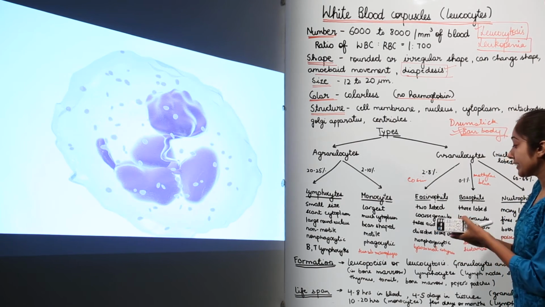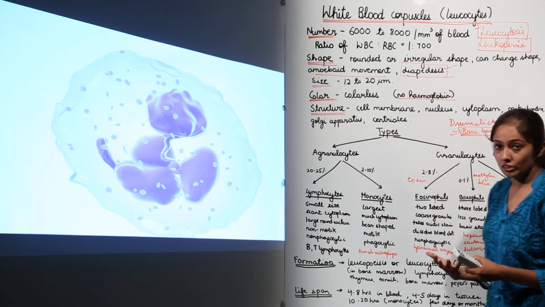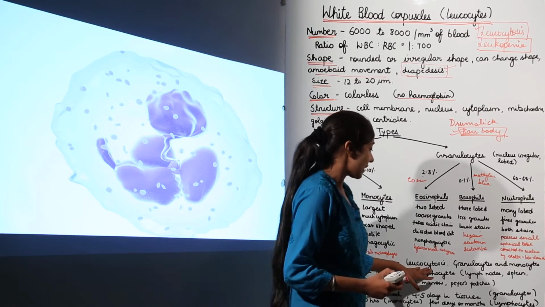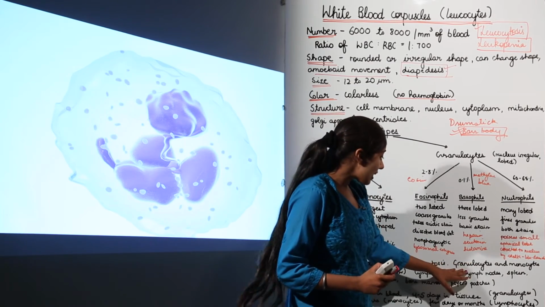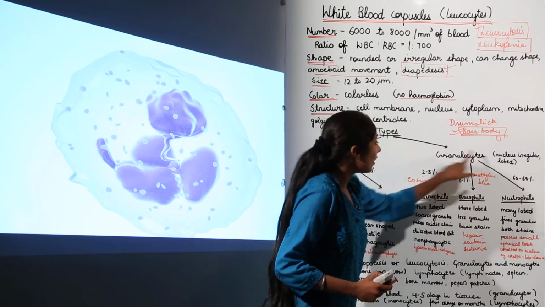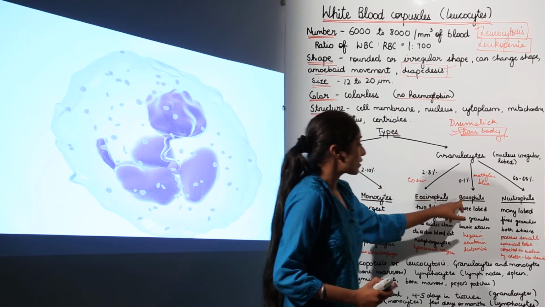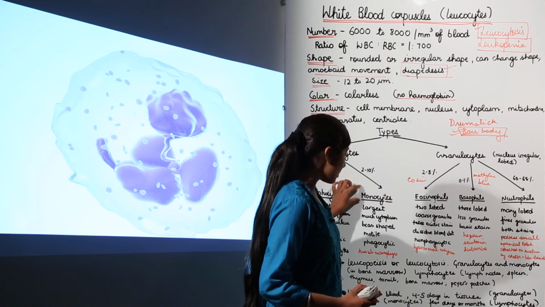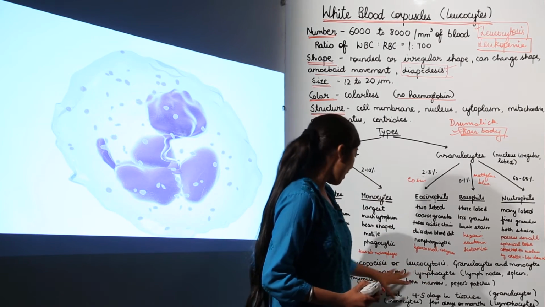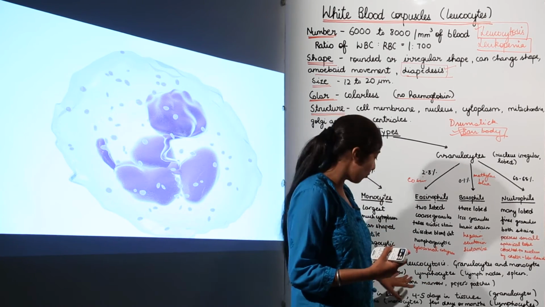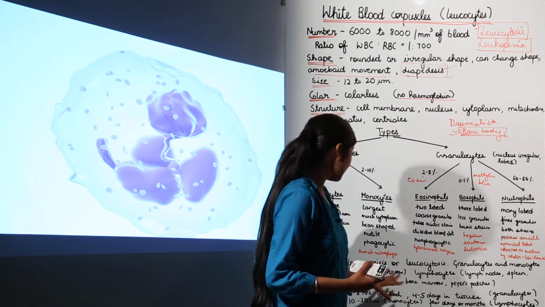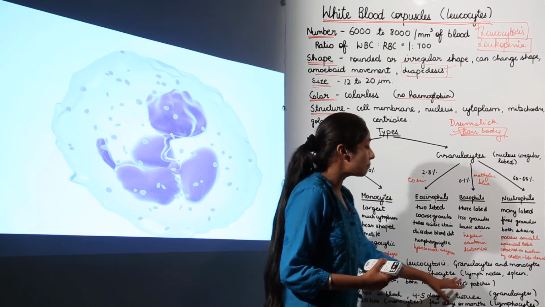Now, where are these leukocytes formed? The formation of the leukocytes is termed leukopoiesis. Granulocytes, that is eosinophils, basophils, neutrophils, and from agranulocytes, monocytes, are formed in the bone marrow. They are formed where? They are formed in the bone marrow. While lymphocytes are formed in the lymph nodes, spleen, thymus, tonsil, bone marrow and Peyer's patches.